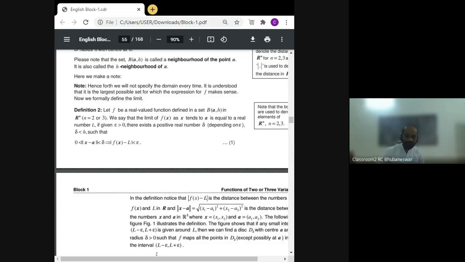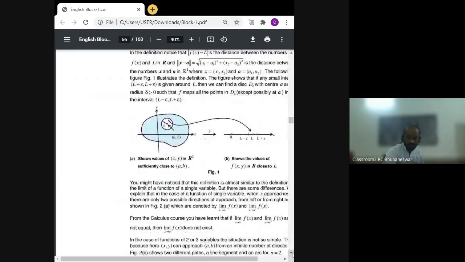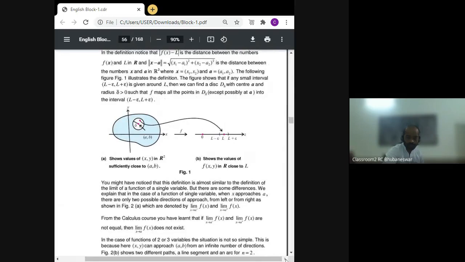Before I do, let me ask if you have any questions. Do you have any question? Okay, very good. So let us move to the figure that you can see in figure number 1.